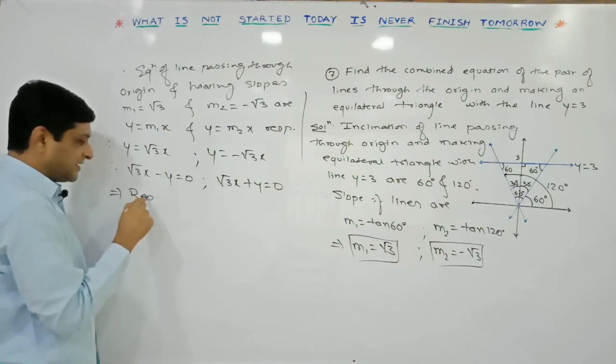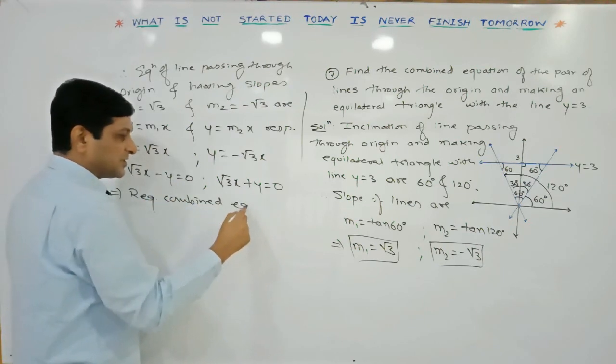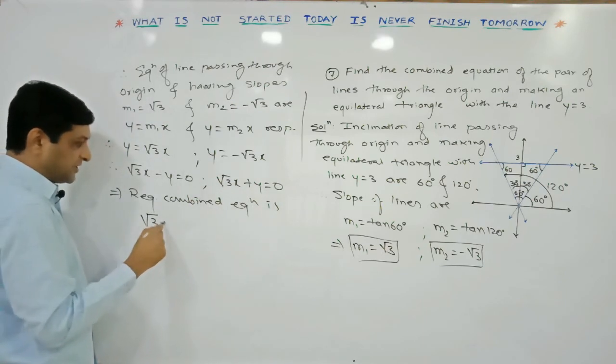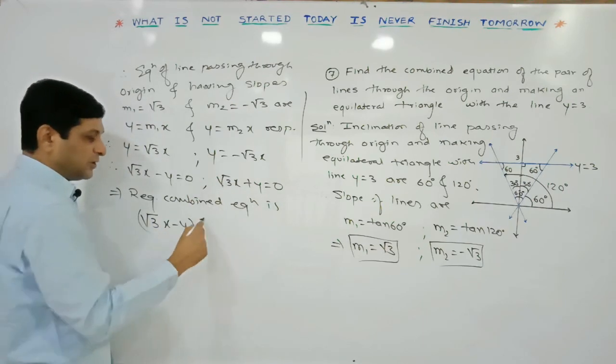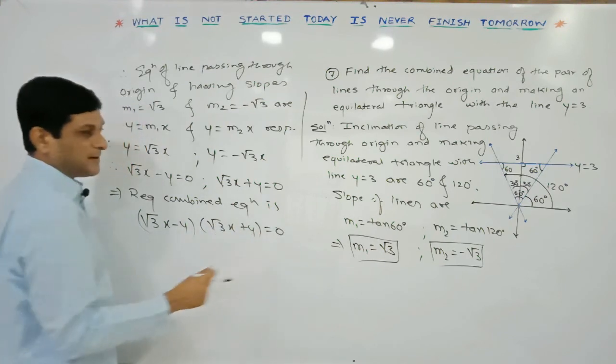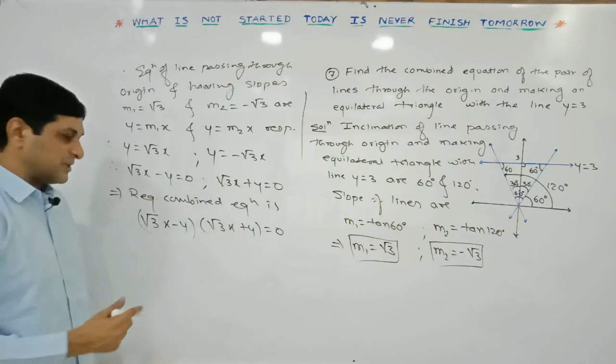This implies that required combined equation is, so take the product of these two equations, root 3x minus y into root 3x plus y. We know that while finding combined equation of pair of lines, we are taking multiplication of these two equations.